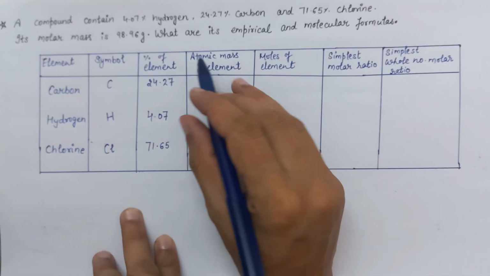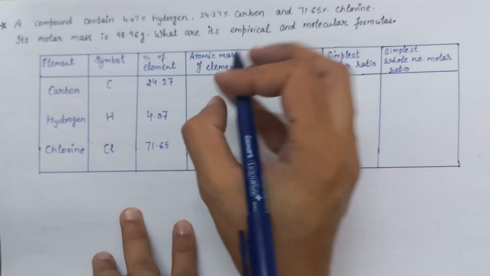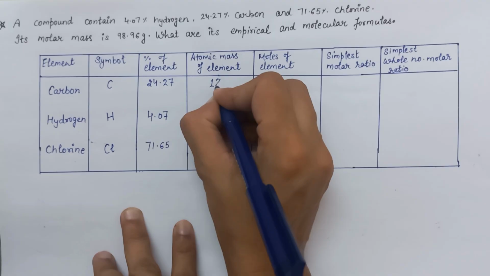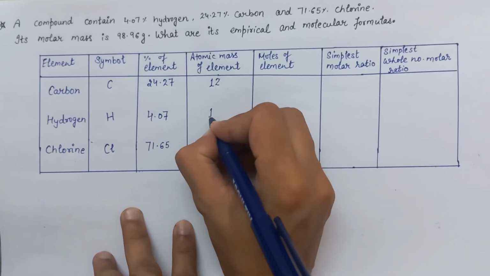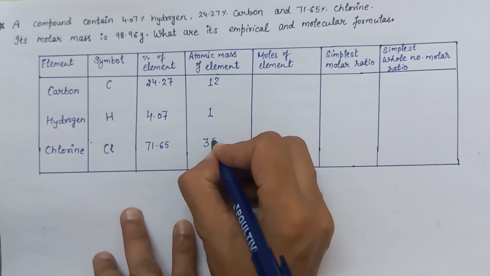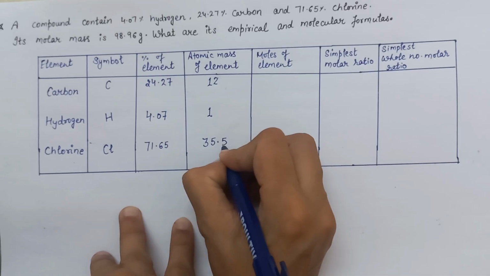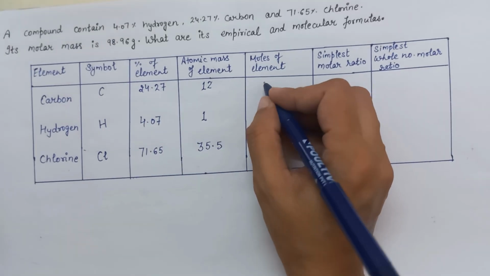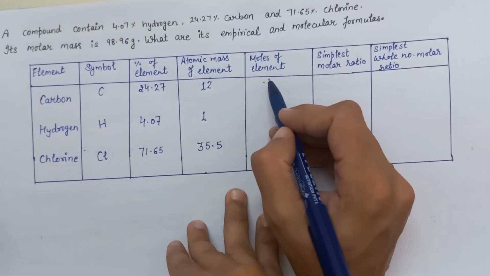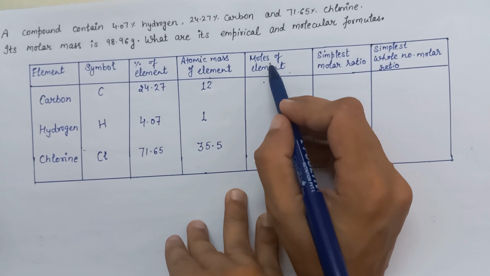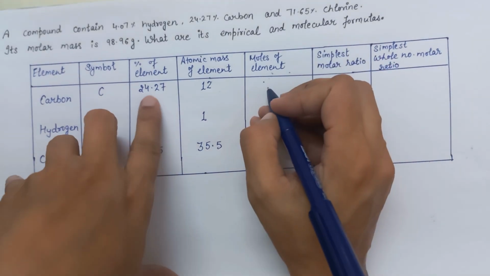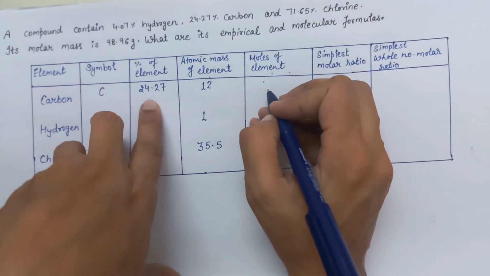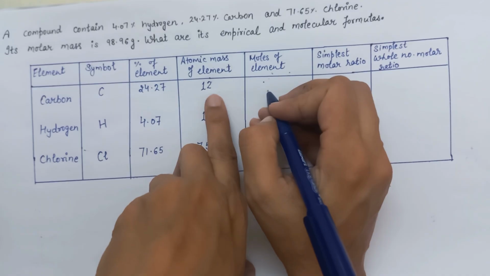In the next column we have to mention the atomic mass of the element, as carbon has the atomic mass 12, hydrogen has 1, and for chlorine we have 35.5 gram. Okay. In the next column we have to calculate the moles of the element. In order to calculate the moles of an element, we have to divide the percentage composition of that element by the atomic mass of this element.